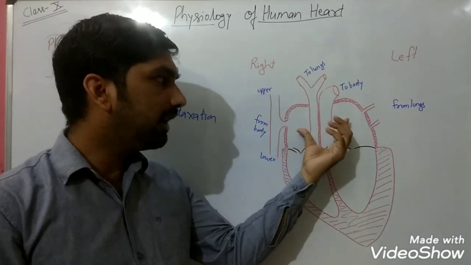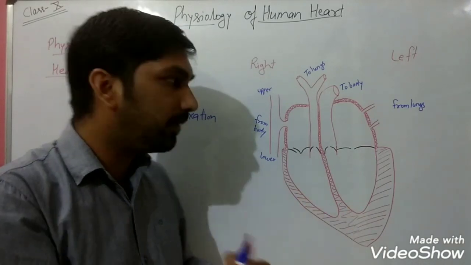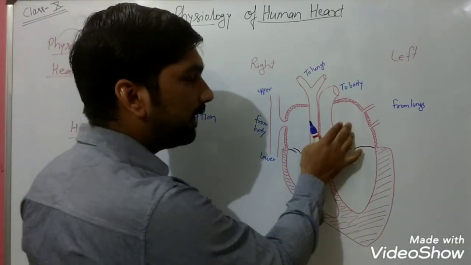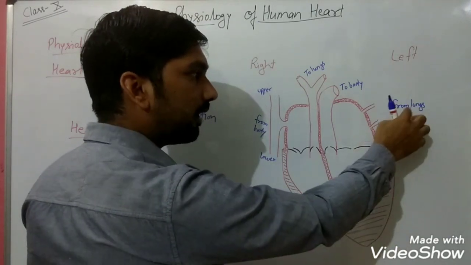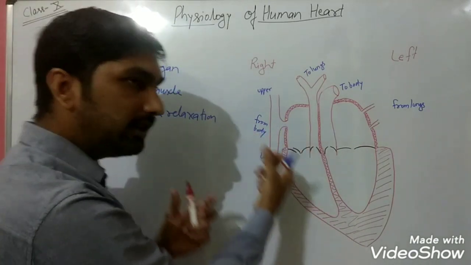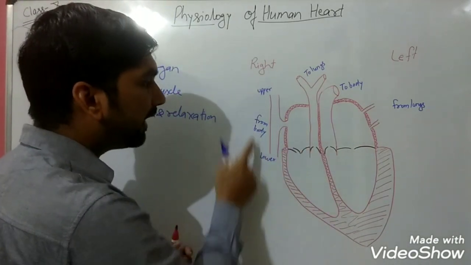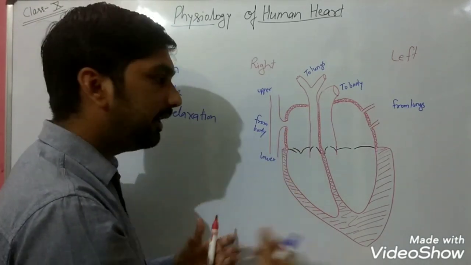Since we know that atriums are the chambers that receive blood, this left atrium is going to receive blood, and this blood is what? Oxygenated, coming from the lungs. This right atrium is going to receive the blood from body parts, upper and lower part, and this blood will be deoxygenated.